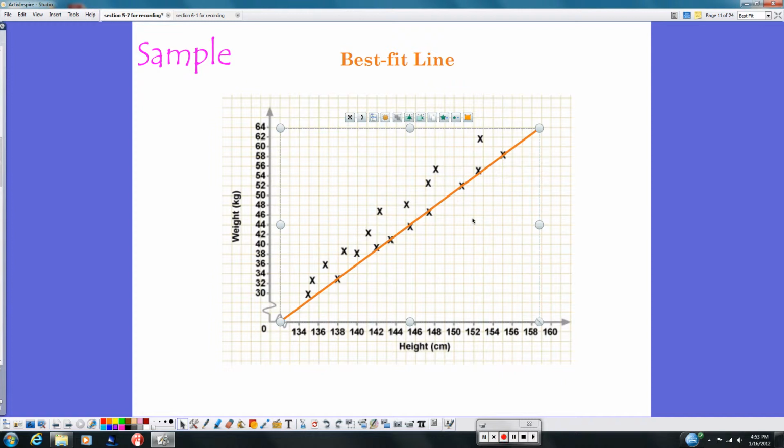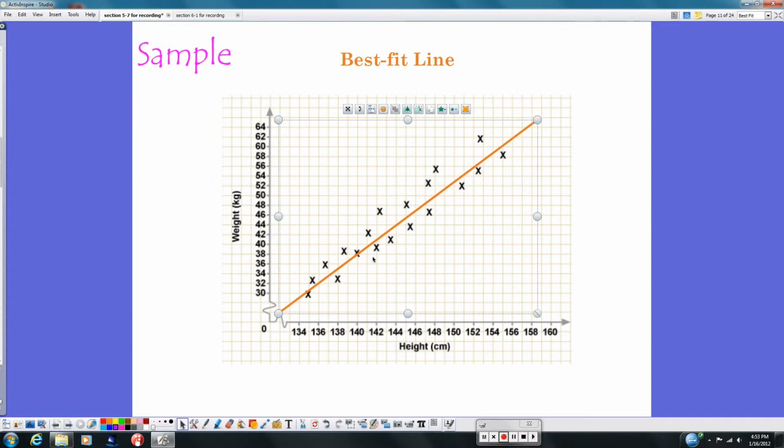Hopefully you said no, because this data here, all of the data that's not on the line is up above it. So we really don't want our trend line here. We would need to move this so that we have some of our data on the line, some of our data above the line, and some of our data below the line. So this would be a better fit for this specific group of data.